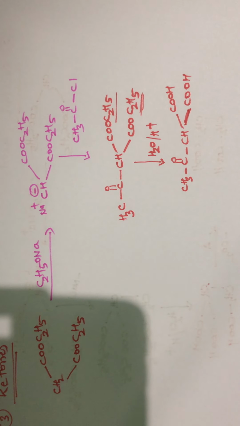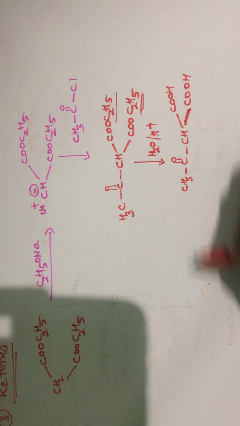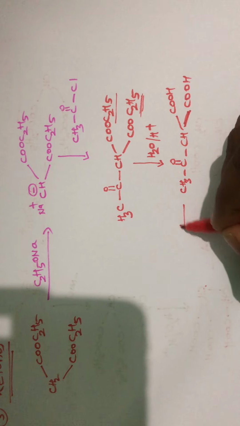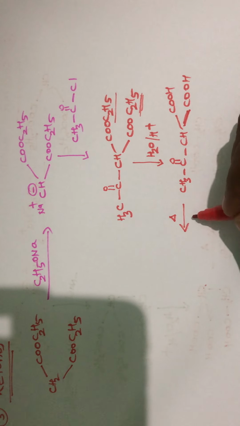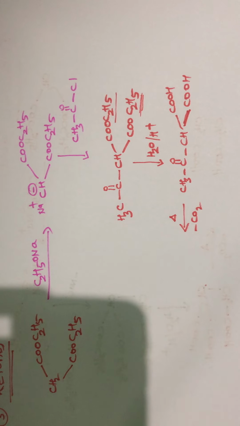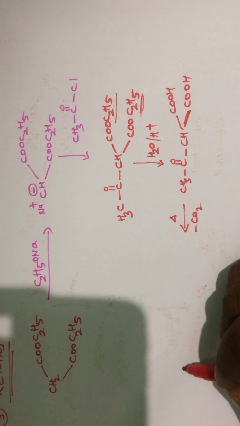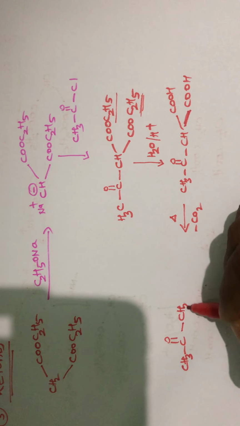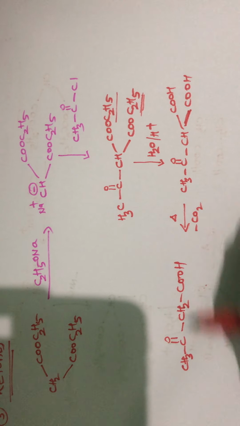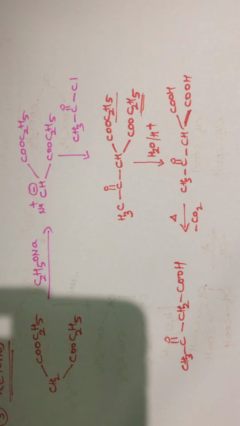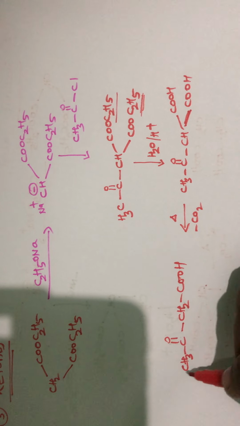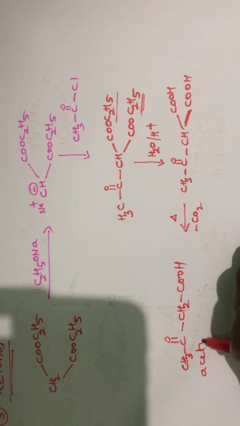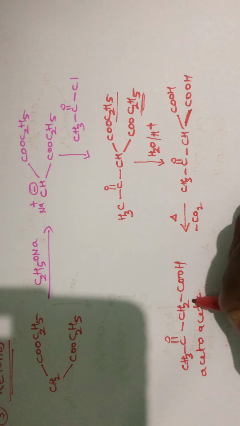This on decarboxylation, if you just heat it, undergoes decarboxylation, resulting in the formation of this compound, CH3C(=O)CH2COOH. This is called a keto acid. The name of this is acetoacetic acid.